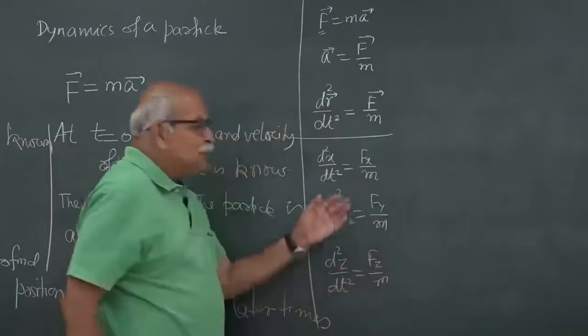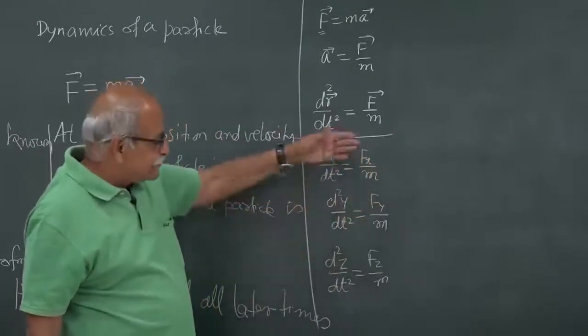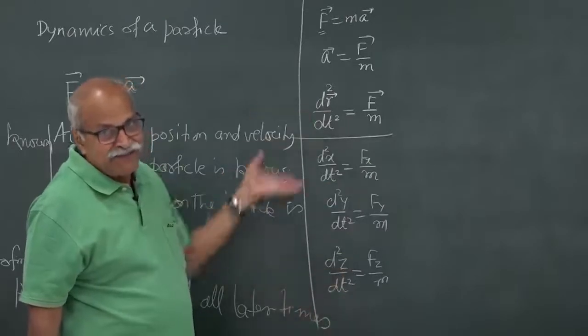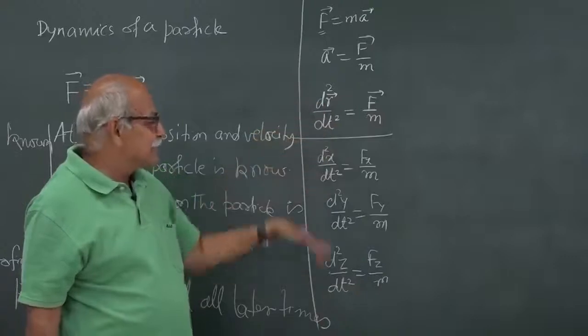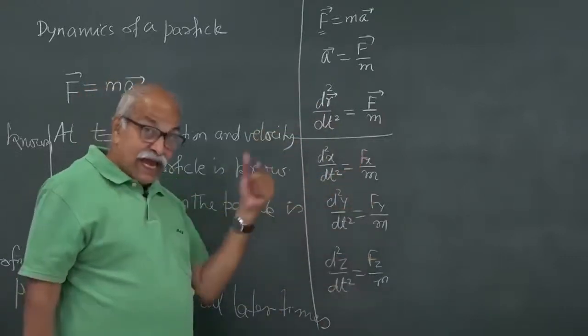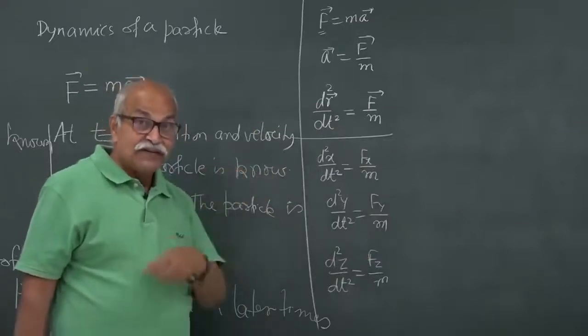You can also use other coordinate systems, then the equations will be different, but you will have three equations. So, this vector equation is a combination of three equations, and each of Fx, Fy, Fz can be a function of space point or function of time.